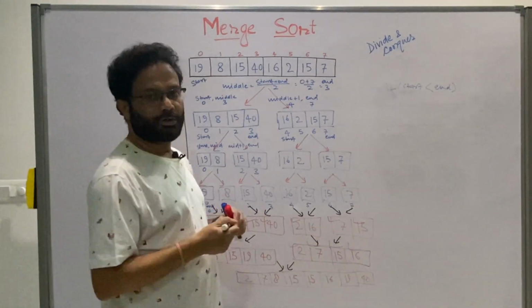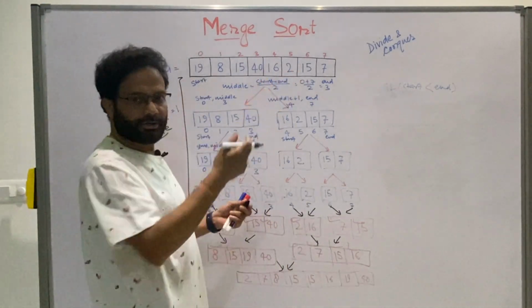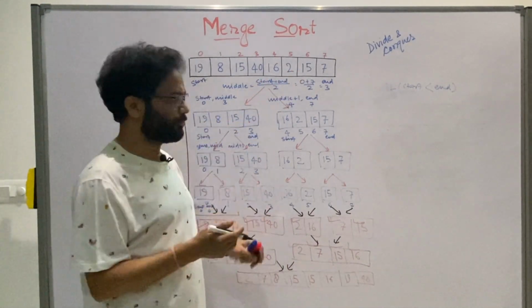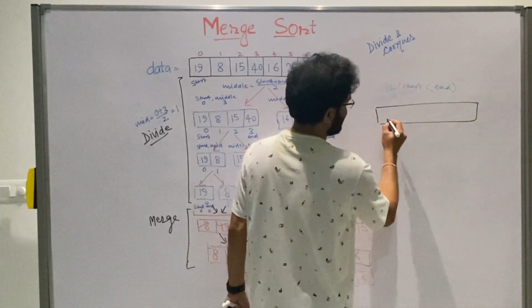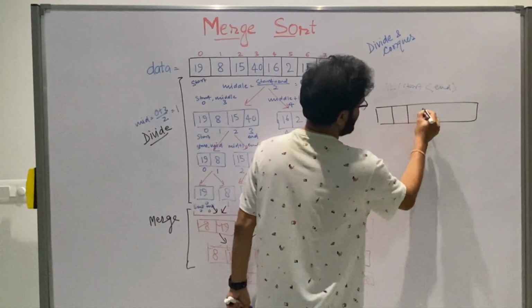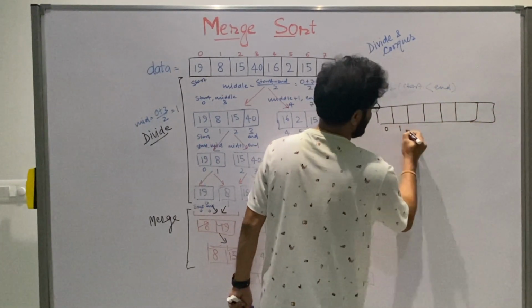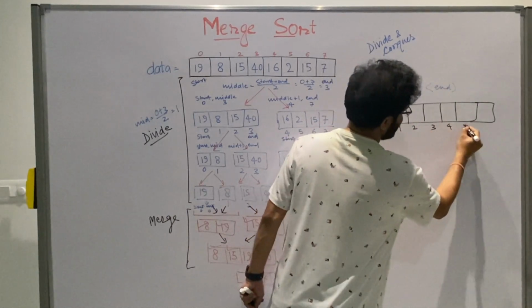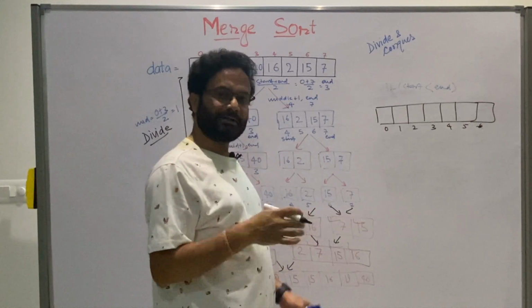Now you might have one question: here 8 is an even number, so it is easy to divide into 4 and 4. In the case of an odd number, suppose I have 7 elements, 1, 2, 3, 4, 5, 6, 7. In this case, how will you divide? You divide in the same way.